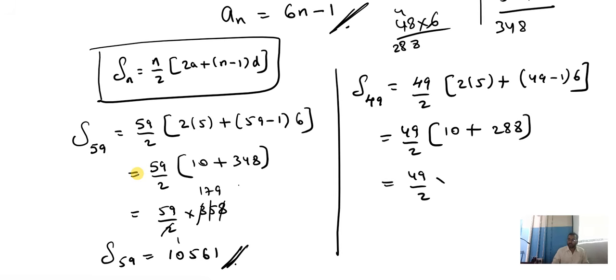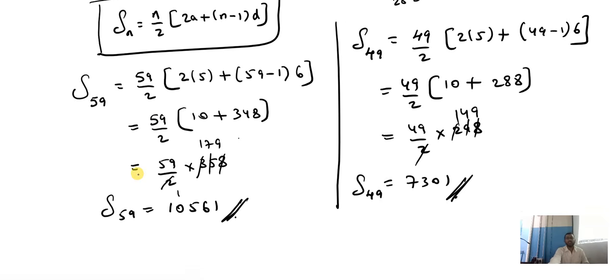Then 49 by 2 into 298, which gives 49 into 149, that is 7301. Sure? Yes, sir. Okay. So this is the sum of first 49 terms.